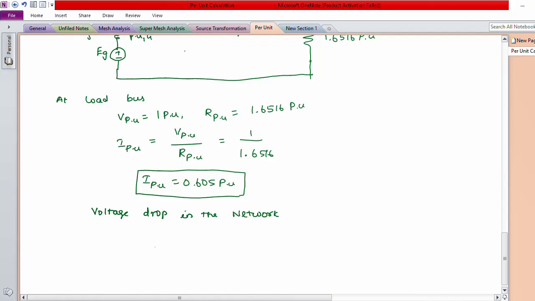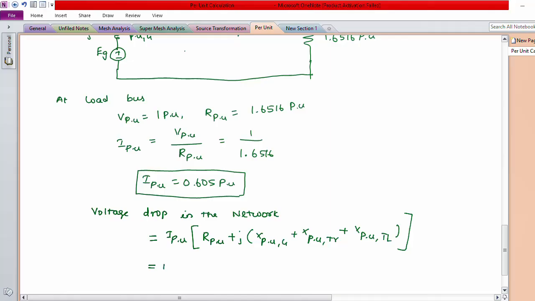From that we can calculate the voltage drop, which is equal to I per unit into R per unit plus J into X per unit generator plus X per unit transformer plus X per unit transmission line.